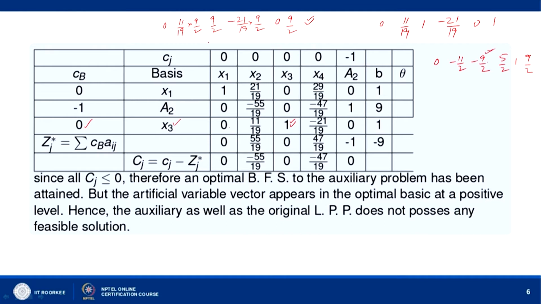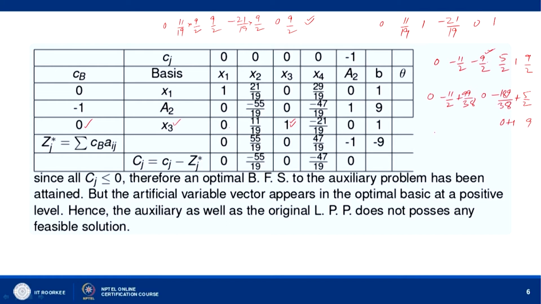What will we get? 0 plus 0 is 0, minus 11 by 2 and we get 99 by 38. Minus 9 by 2 plus 9 by 2 is 0. Then minus 189 by 38 plus 5 by 2, then 0 plus 1, and 9 by 2 plus 9 by 2. So, we get 9.